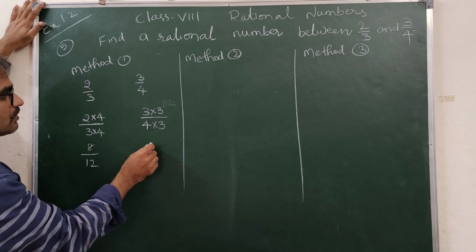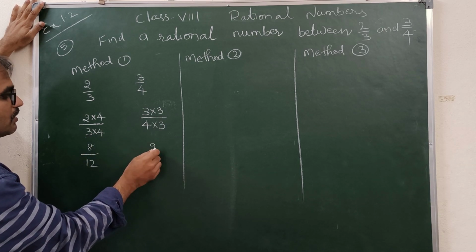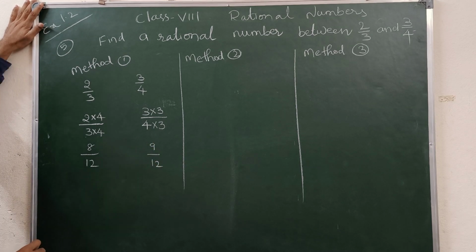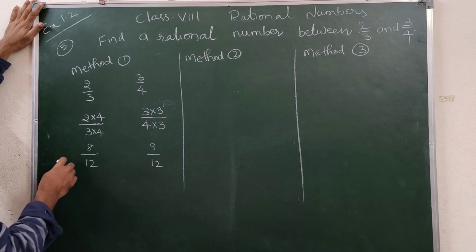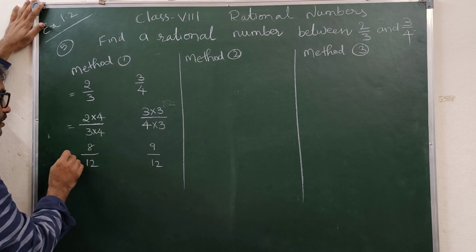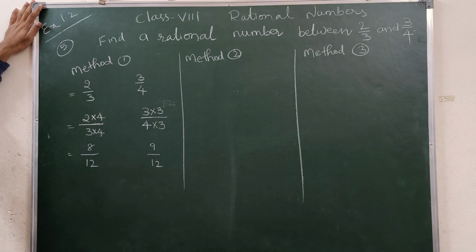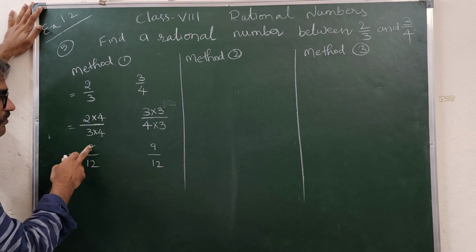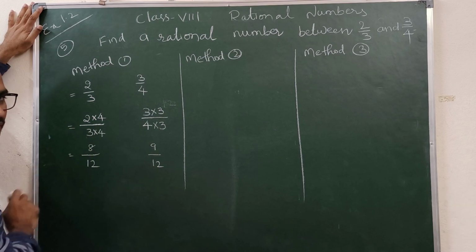This is 9 by 12. Right? So very good. So here, if there is an integer between 8 and 9, I would have written that number.